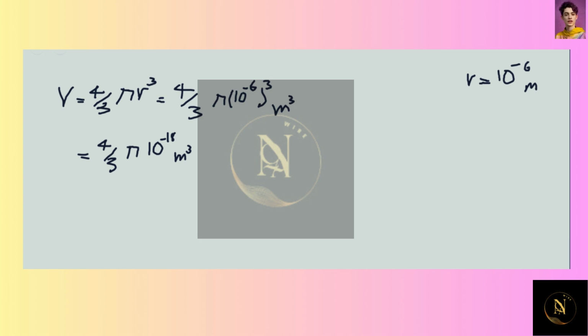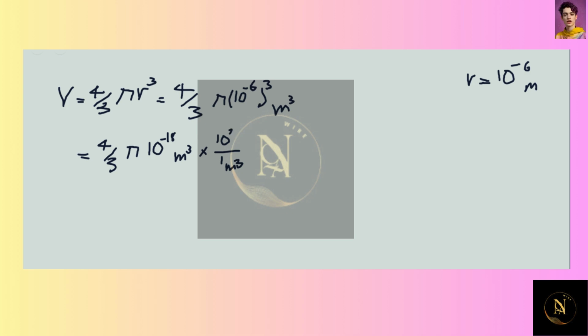Now the problem asks for the volume of a sphere in terms of centimeters cubed, so I have to turn meters cubed into centimeters cubed. I multiply this by 1 over meter cubed, and I know that every meter is 100 centimeters.